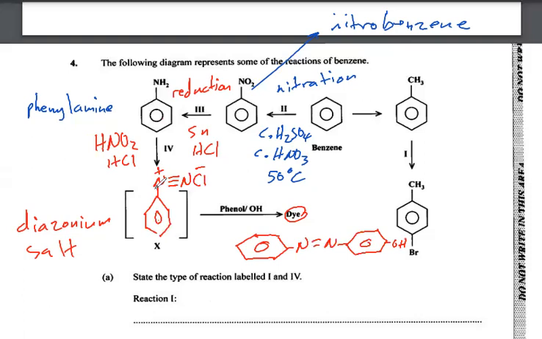Let's look at the one on this side. We don't do any reaction for benzene to methyl benzene at this level, but if you do chemistry at university level, you will. Why did they put the bromine here and not here?